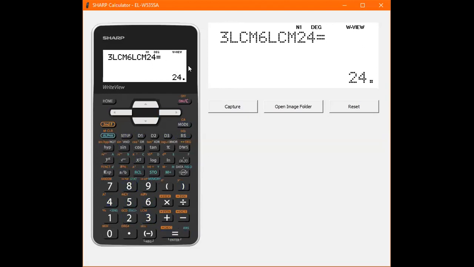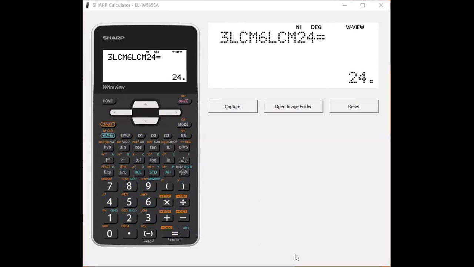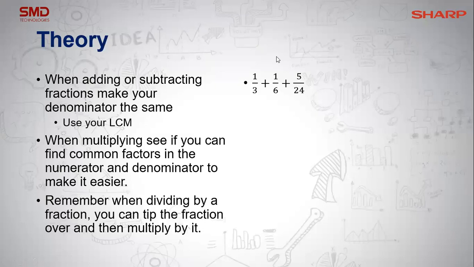So the answer is 24. So in fact, our denominator is going to be 24. All right. So we're going to have 24 and something over 24.